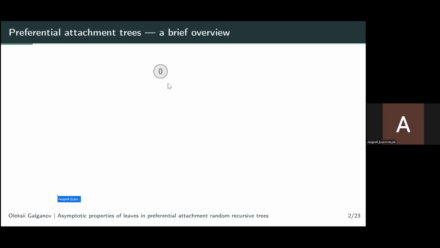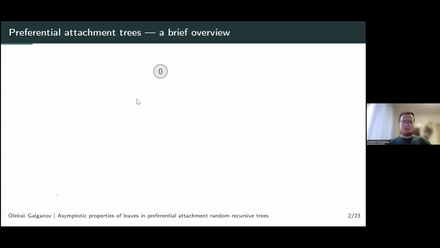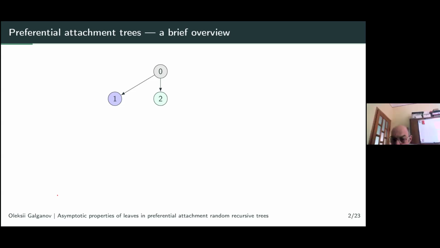Right. And just an example of how this tree is built. We start with this root vertex 0, then the next vertex 1 appears, 2, 3, and for example, if we had affine preferential attachment, then at the stage when 3 appeared, the probability of attaching to 0 was higher because it had 2 children, and 1 and 2 had 0.